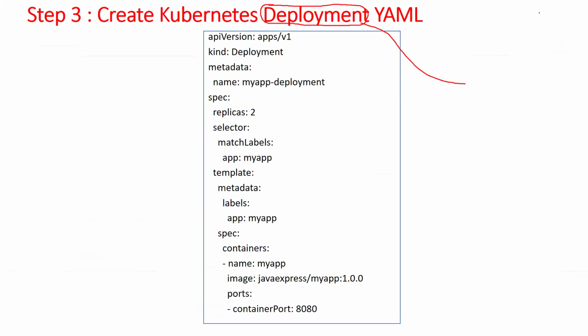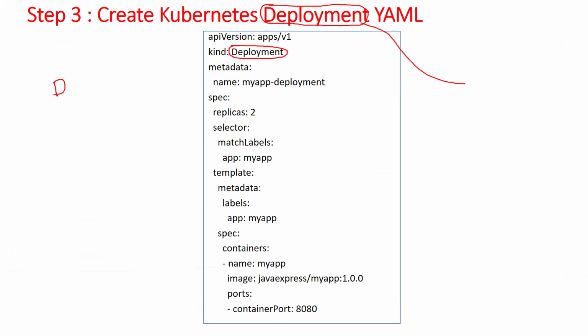In the meanwhile, to deploy your application into Kubernetes, we need two types of files. One is the deployment file. Whatever I am highlighting, this is a deployment file. Another is called the service file, which we'll discuss soon.